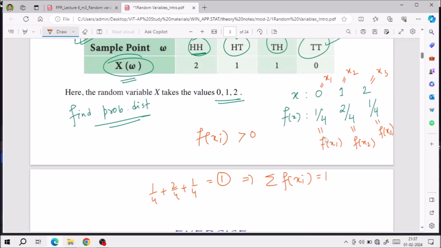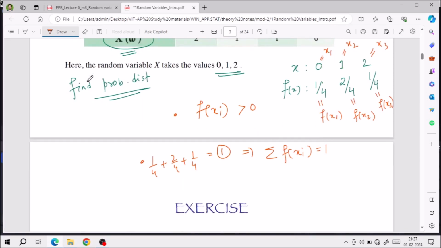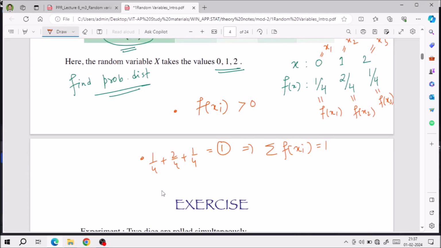Moreover, this is the first point, this is the second point, and here we have the third point. The probability of x equals 0 is nothing but f of 0. The probability of x equals 1 is 2 by 4, which is nothing but f of 1.